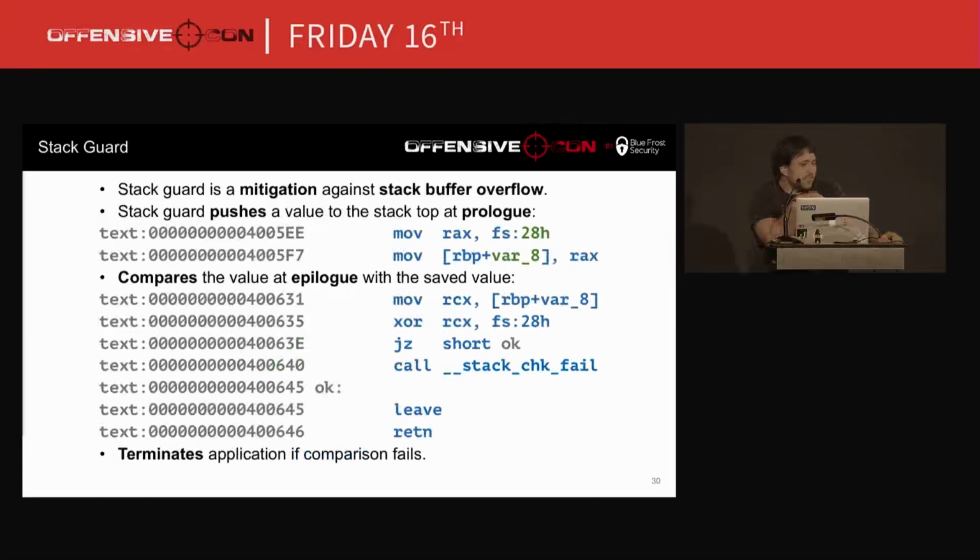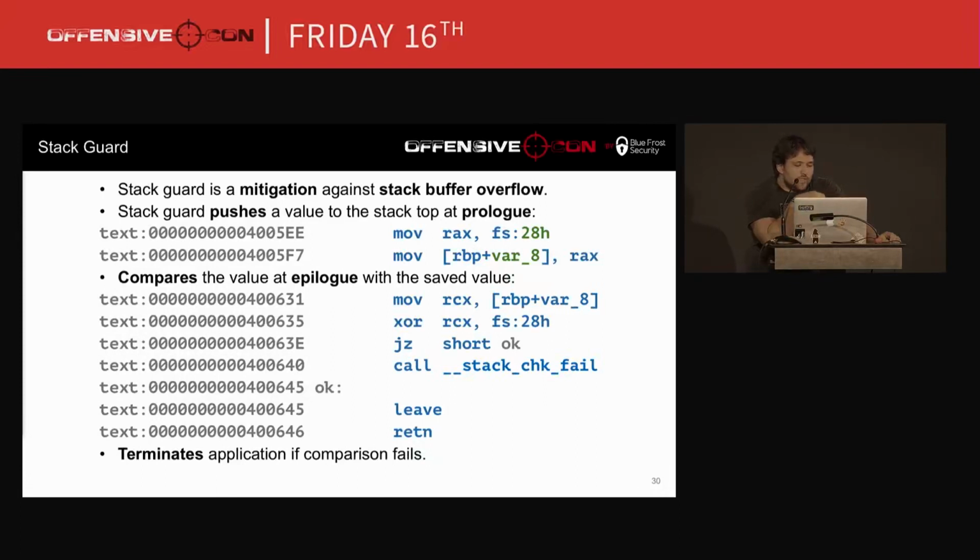How does it work? This stack guard is a mitigation that works against buffer overflow and works like the following. It just keeps a special secret value on the top of the stack and checks it when you go out of the function, when you go to the epilogue of the function, it compares this value to the original value.